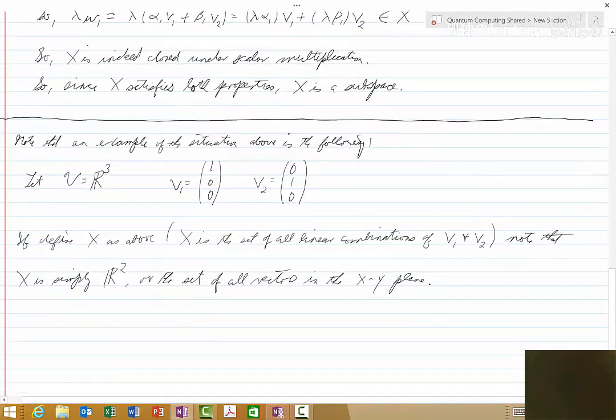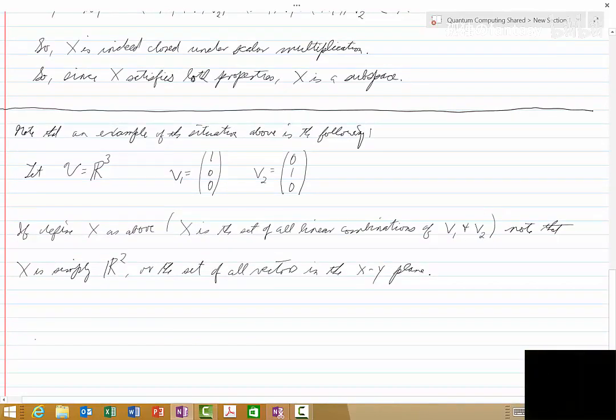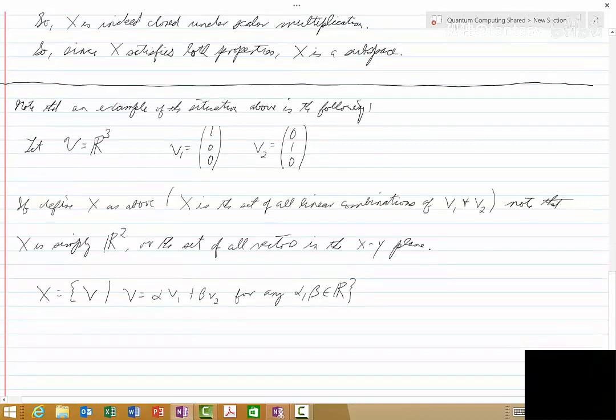Now, if that's not obvious to you, just think about it this way. Remember that X is equal to the set of all vectors v such that v is equal to alpha v1 plus beta v2 for any alpha and beta that are real.